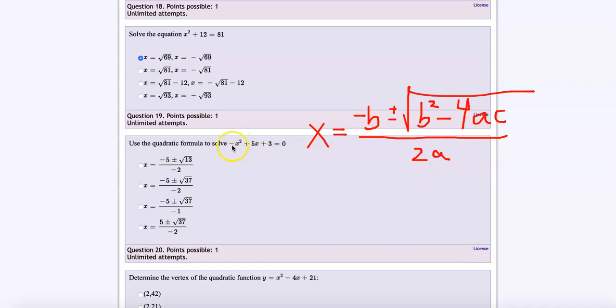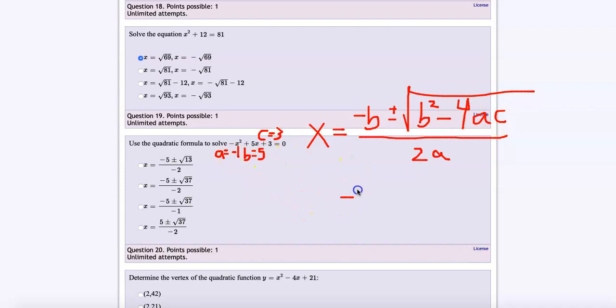Okay, so what is the a value? The a value is negative 1 because the coefficient here, the leading coefficient, is negative 1. The b value in this case is positive 5, and the c value is 3. So now we just replace a, b, and c with negative 1, 5, and 3.